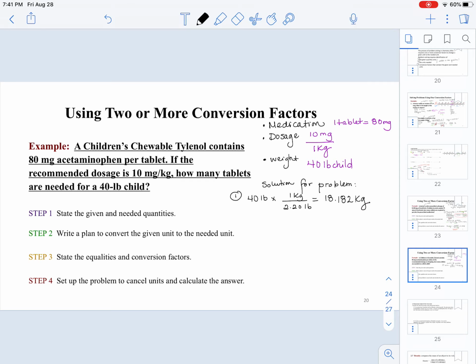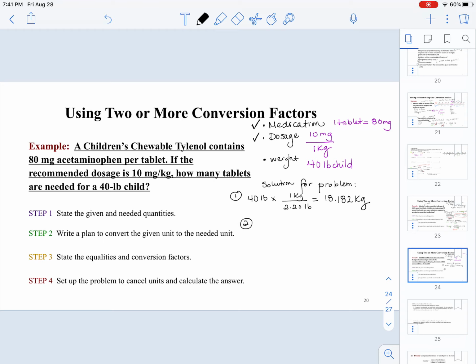So step 1, we change the weight of the patient to kilograms. Step 2, we are going to utilize our dosage and our medication in order to find out how many tablets we need to give this patient.